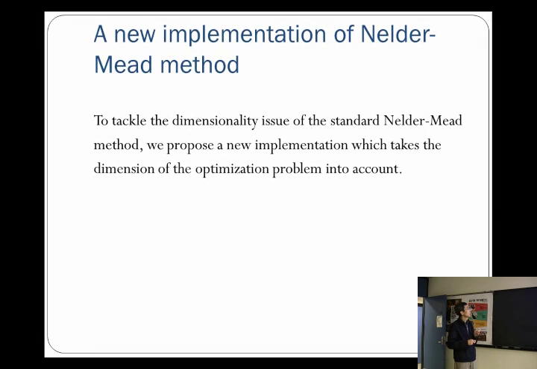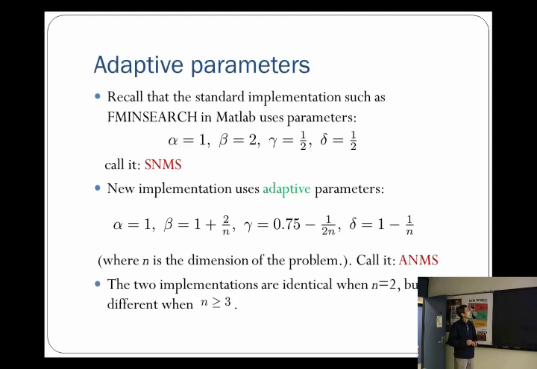So in order to tackle this issue, we propose a new implementation which takes the dimension of the optimization problem into account. Actually, the implementation is pretty straightforward. Here is the standard implementation. We have 4 parameters: alpha equals 1, beta equals 2, gamma equals half, delta equals half.